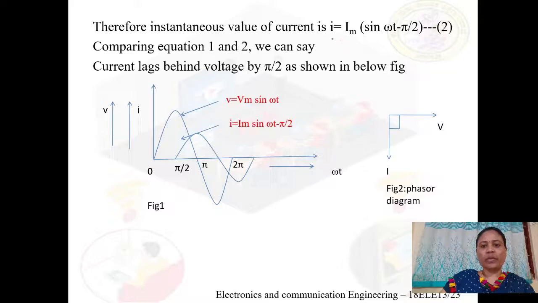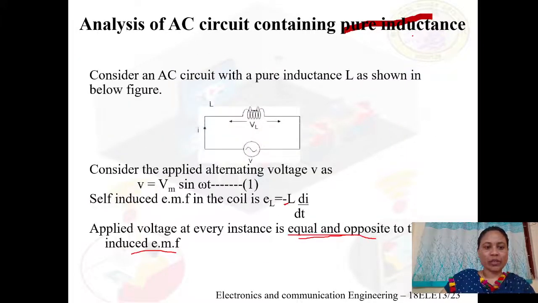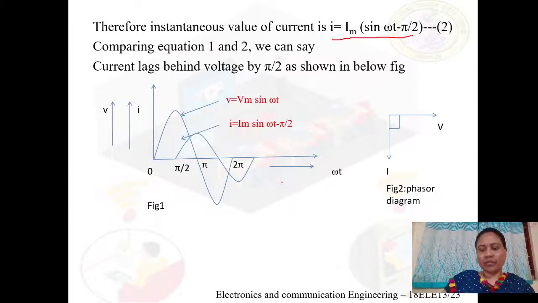So therefore, the expression for I is Im sin omega t minus pi by 2, and just look back to the expression of voltage, which is V is equal to Vm sin omega t from equation 1, and from equation 2, I is equal to Im sin omega t minus pi by 2. Just observe the sinusoidal term.